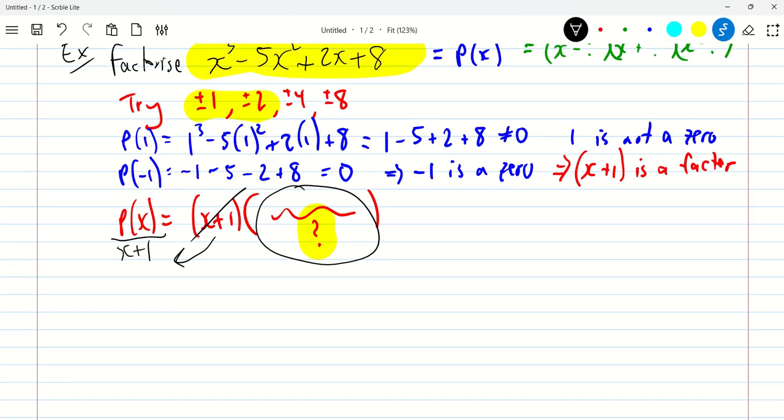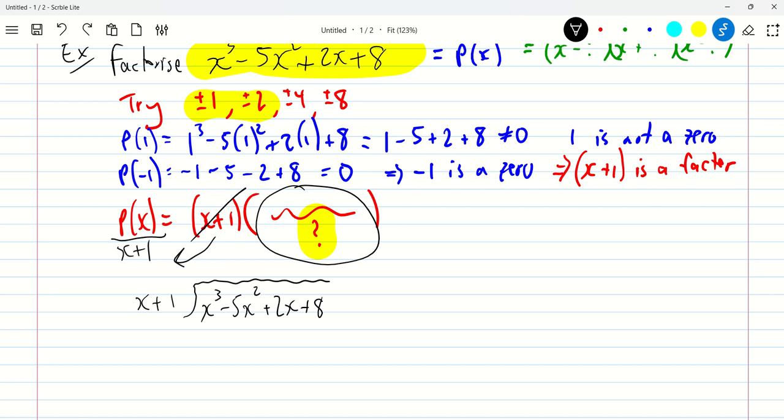So p of x was x cubed minus 5x squared plus 2x plus 8. We're going to divide that, sorry about my wonky lines, by x plus 1. The answer we get is going to be the leftover part, and that's going to help us find that.